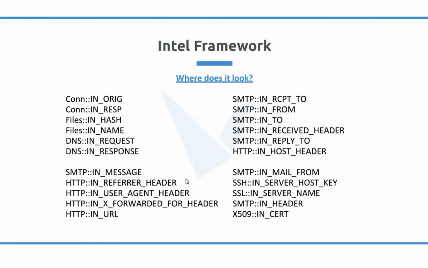For bad links, it checks in the SMTP messages. For server name, it checks in SSL, and for the cert and URL, it checks in the HTTP and X509 analyzers. So this is pretty neat that Zeek looks for specific intel in a specific type of analyzer, and it does not do an exhaustive regex matching in all kinds of analyzers that are attached to a connection.